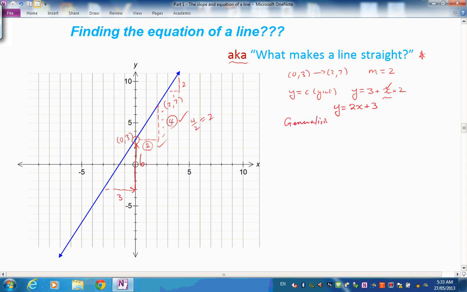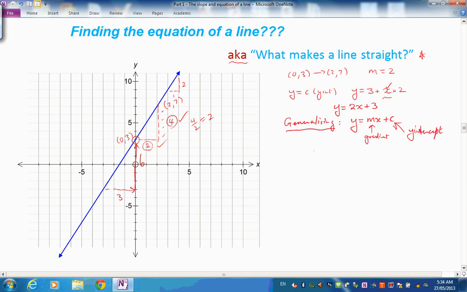Generalising. So you can actually see why that rule must work. So y equals mx plus c, where m is the slope or gradient of the line, and c is the y-intercept. So that's a way of thinking about creating an equation or rule, or answering the question, what makes a line straight?